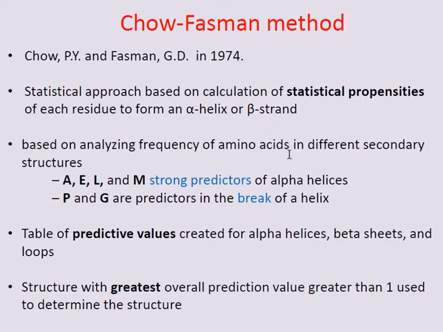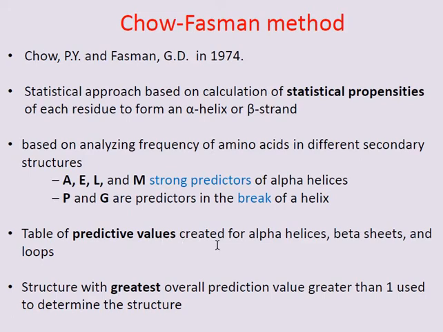In this way, for all the residues, you have predictions of whether they can form alpha helices or beta sheets. For example, in this case, we have residues which are strong predictors of alpha helices, and proline and glycine, which are alpha helix breaking residues.